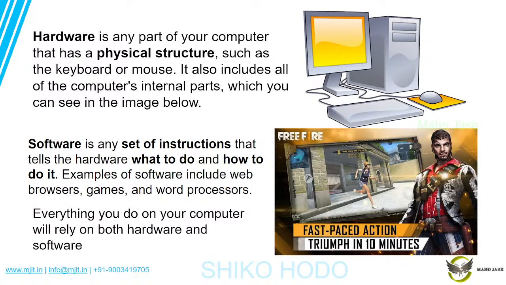And then it also includes all computer internal parts. Yes, so don't think that whatever we see outside is the hardware system, but there are lots of things inside the systems. Like you can take the example of your monitor. The monitor consists of LCD or LED or IPS or even OLED panels. In the background of that there will be the PCB, that is printed circuit boards.